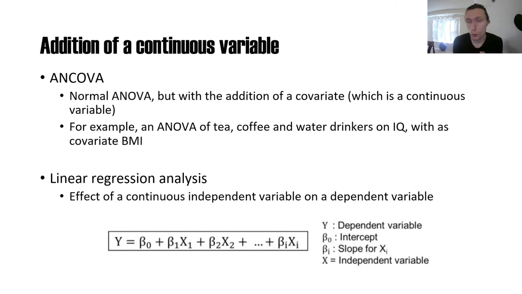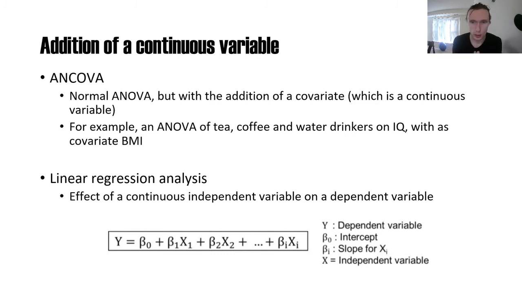You could do a regression in general. A regression just means that you regress, which means you draw a line between two variables, and you can only draw a line between two variables if they're both continuous, right? As we said before, our dependent variable, the thing we measure, reaction time, IQ score, you name it, was always continuous in our examples.